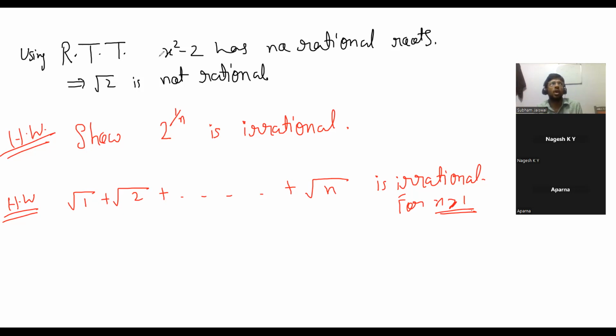Now I want to speak of another aspect of the rational root theorem, which is more interesting. In fact, in one of our master's exam class tests, there was a question which was based on the rational root theorem, and I could not do it.